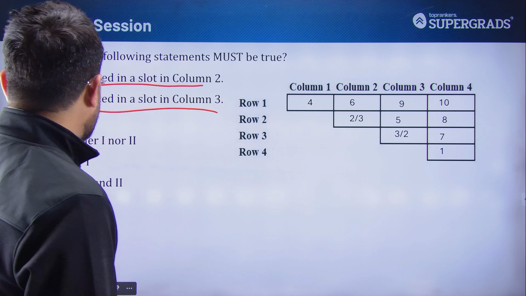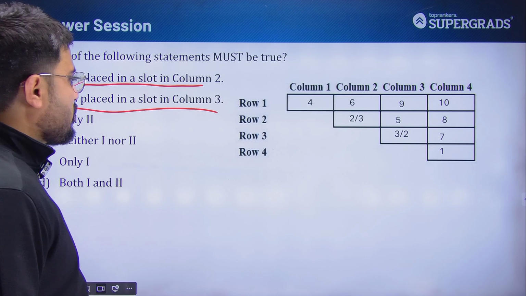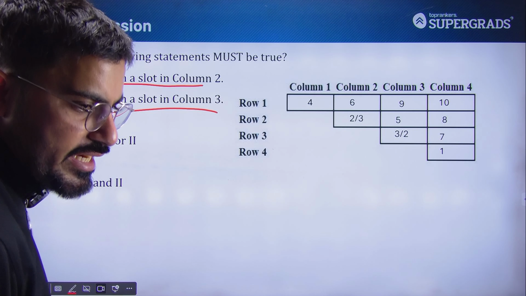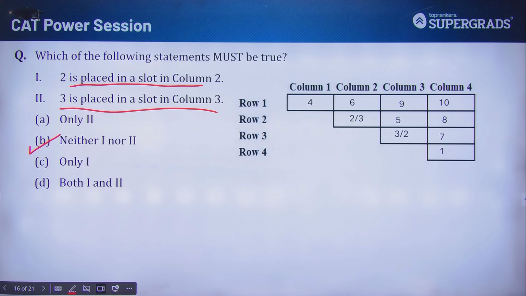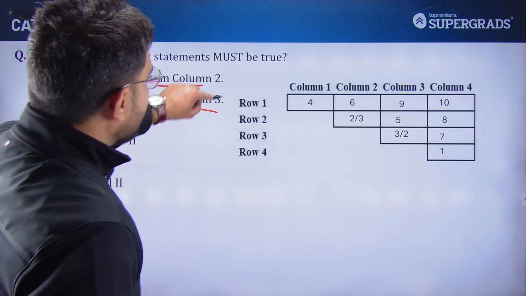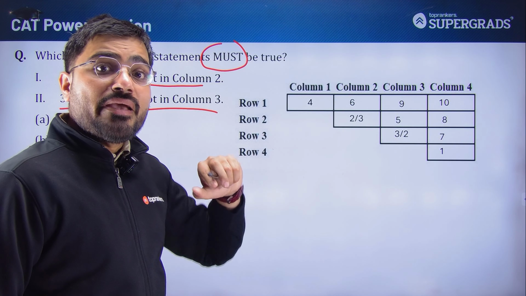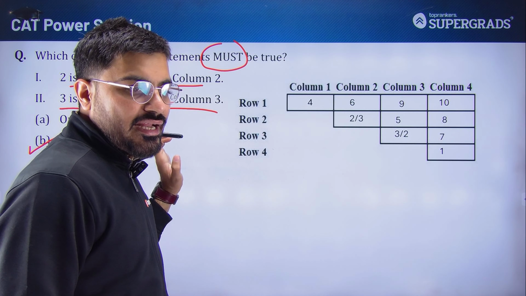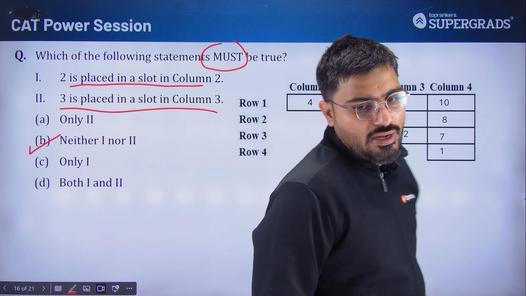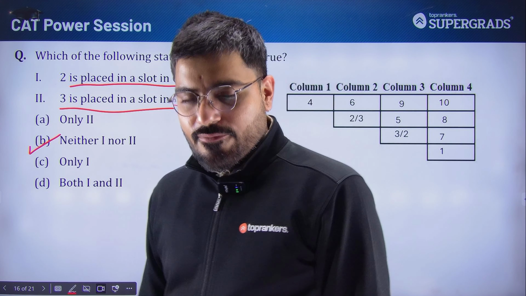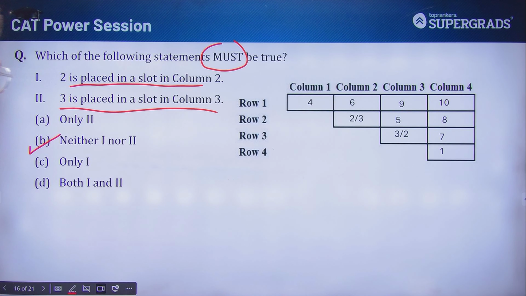It is not must be true. Neither 1 nor 2, because it is not absolutely true. It might vary. So it is only a possibility. Since the word must is given, neither 1 nor 2. If they give you the word may, then both 1 and 2 are correct. May is possible, but definite it is not.